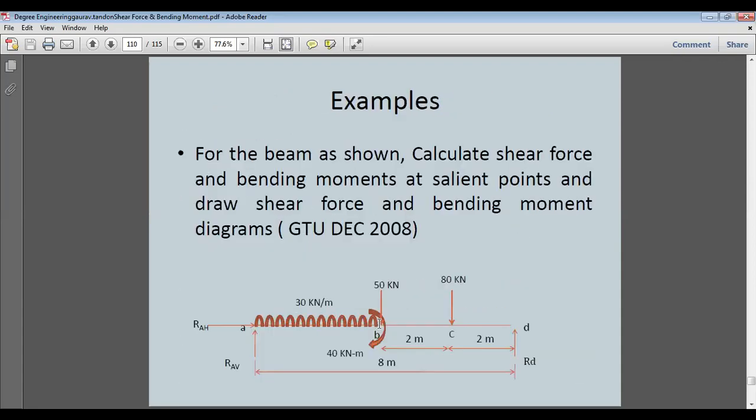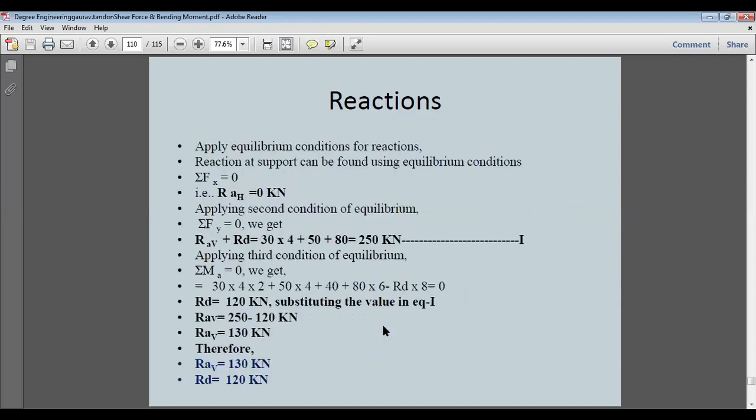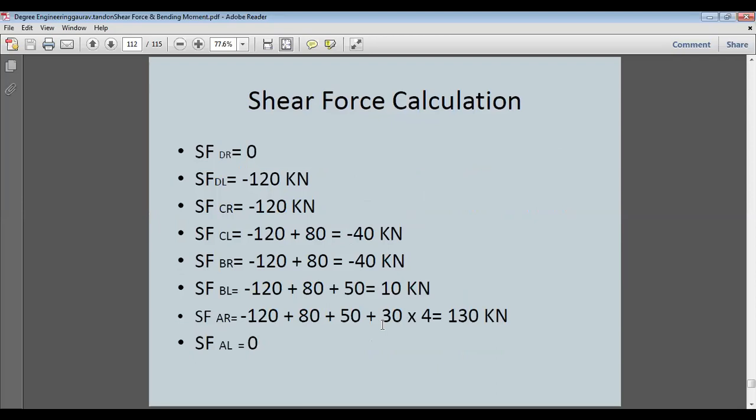That is point C. Then come to this point, 120 multiplied by 4, that is 480. Then because of this, it will be downwards, so we can deduct.